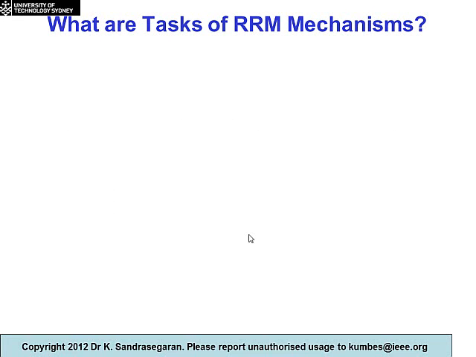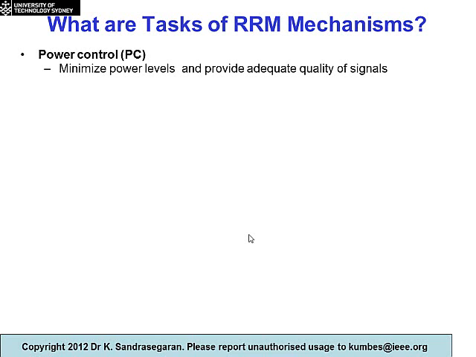Now, what are the tasks that are associated with radio resource management? There are many tasks. We already talked about power control. When we talk about power control, we refer to ensuring that all users transmit at the minimum possible power level, because everyone's transmission could be causing interference somewhere else.